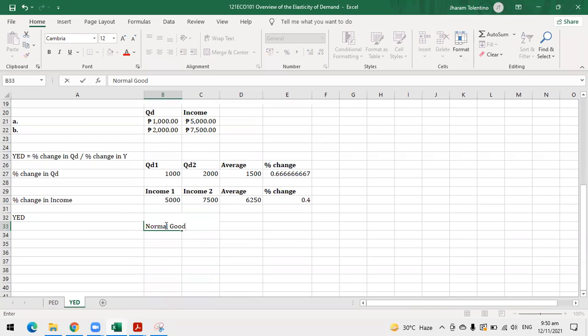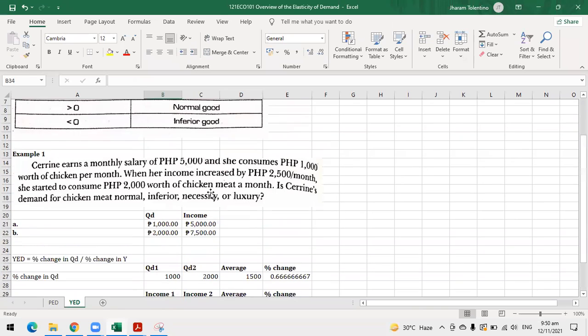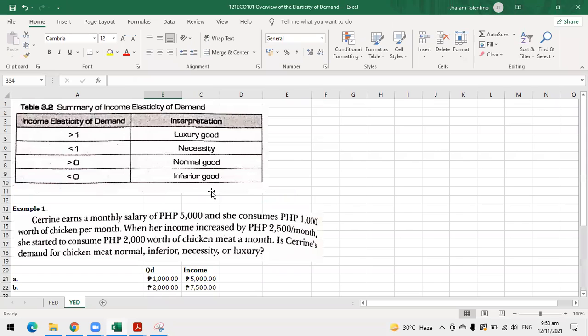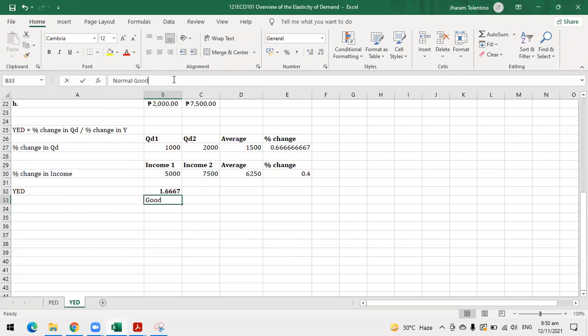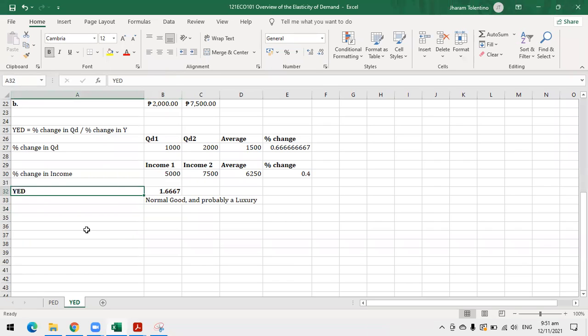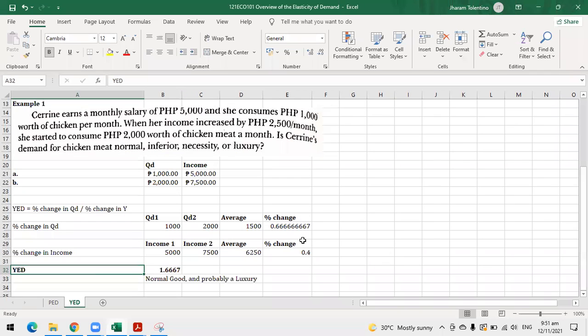So normal good. And more than 1 pa nga. So normal good and probably a luxury item. Para kay Serena. So yan yung interpretations natin for the YED or the income elasticity.